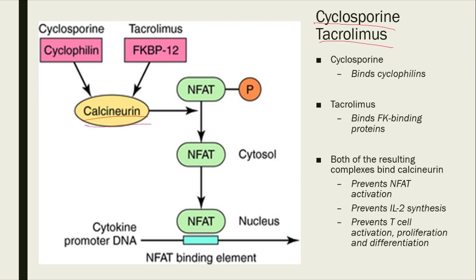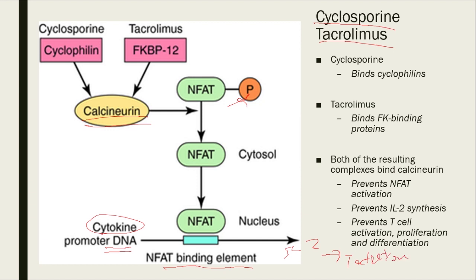What it does is dephosphorylate NFAT, ultimately leading to the activation of NFAT binding elements on the DNA, which encode different cytokines, particularly IL-2, and that would lead to T cell activation and proliferation.